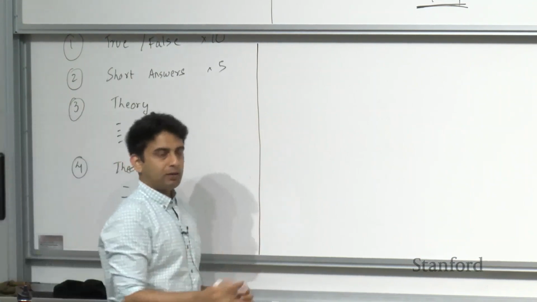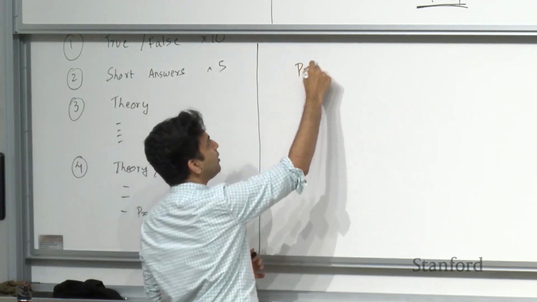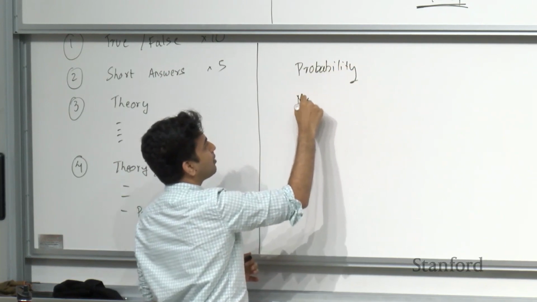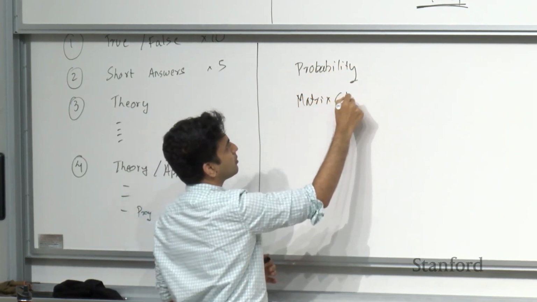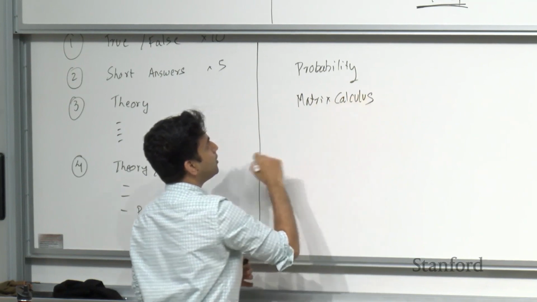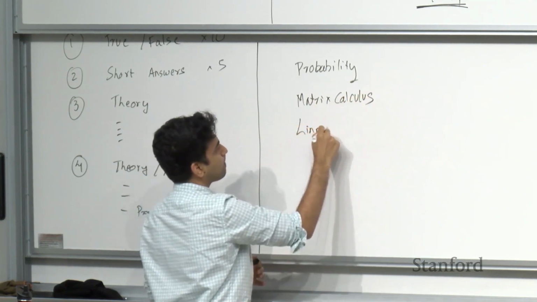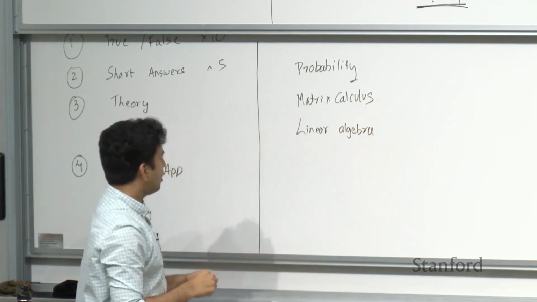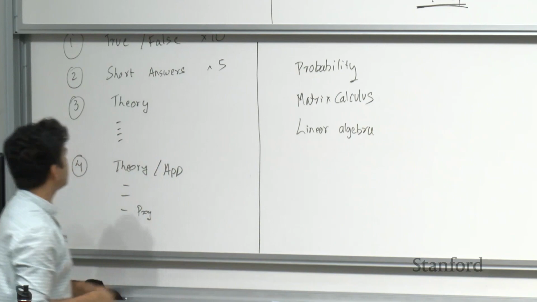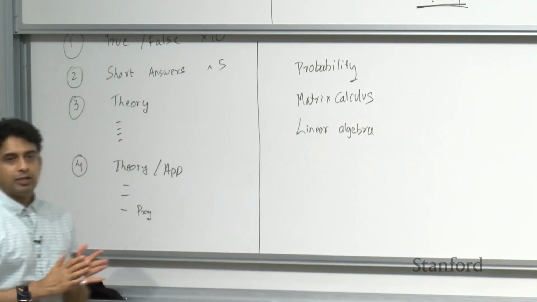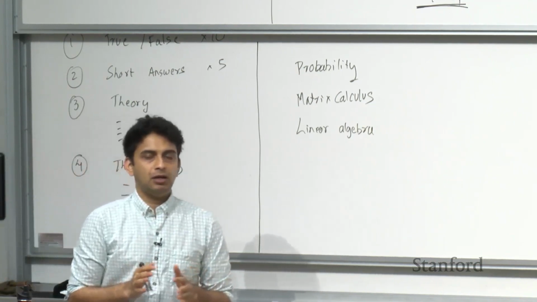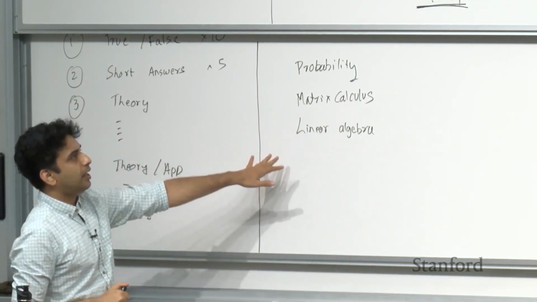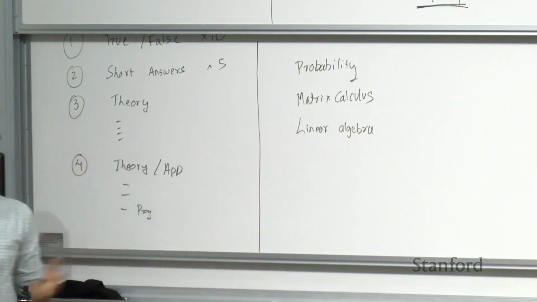You're good at the prerequisites, so things like probability, matrix calculus, linear algebra, and general things that we've covered throughout the course, like maximum likelihood, etc. It's very important that you have a good understanding of the prerequisites and also the important concepts from the course, like bias, variance, etc.